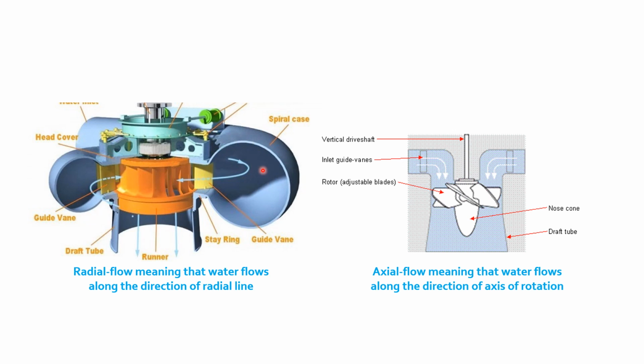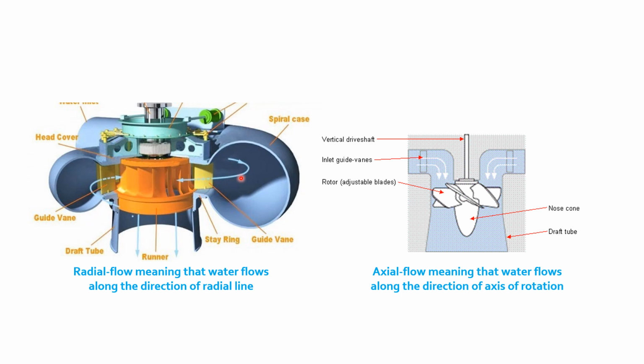Water enters this casing via this point and flows around it, and at various points along this casing the water enters the turbine runner via these vanes, which are guide vanes. They are able to rotate about their axis and alter the flow of water into the turbine, thereby controlling the speed of the turbine.